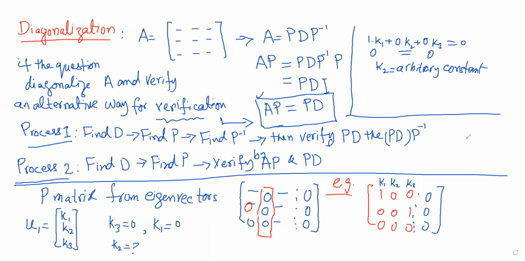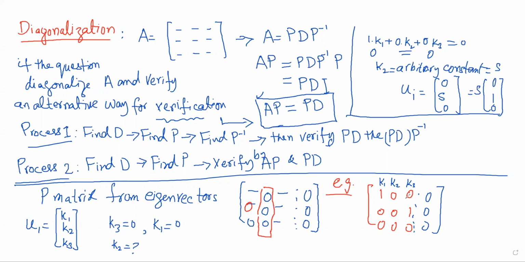So we can represent this U1 matrix as follows: K1 was 0, and K2 is an arbitrary constant, say S, and then 0. Then we can take S out, so it will be 0, 1, 0.